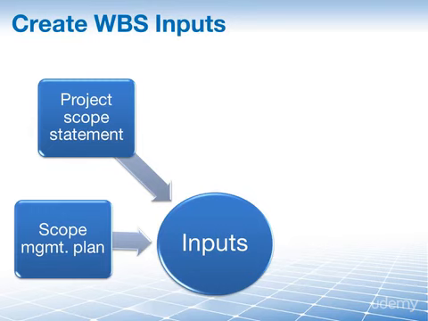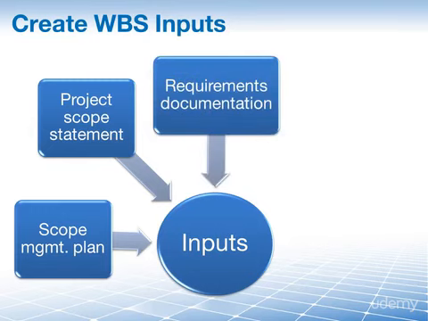That's why we have this. Next, we have the requirements documentation. This is the description of how individual requirements meet the business need for the project. This can be valuable input in regards also to the 100% rule. Maybe we find something in there that needs to be converted into a work package as well.